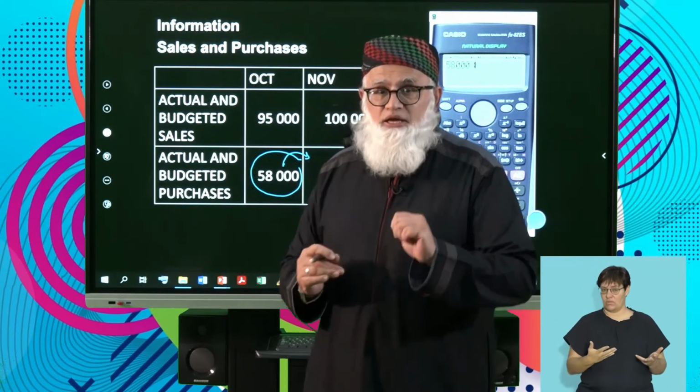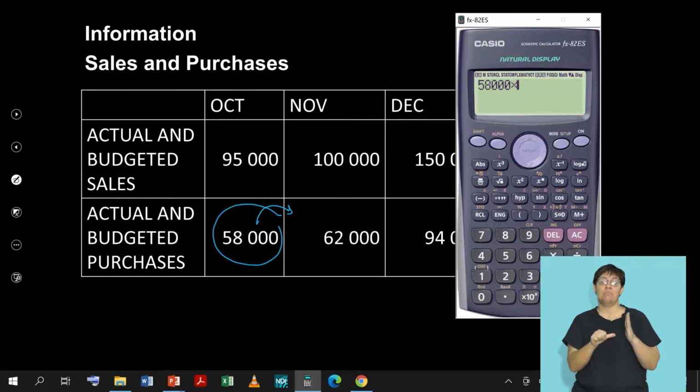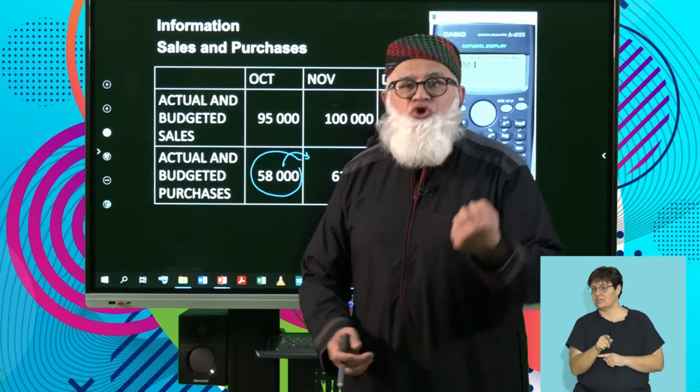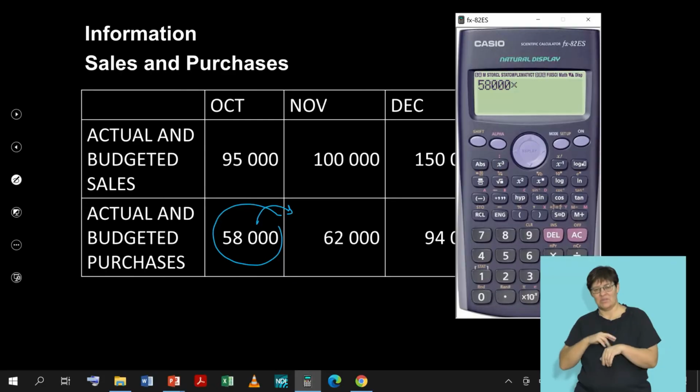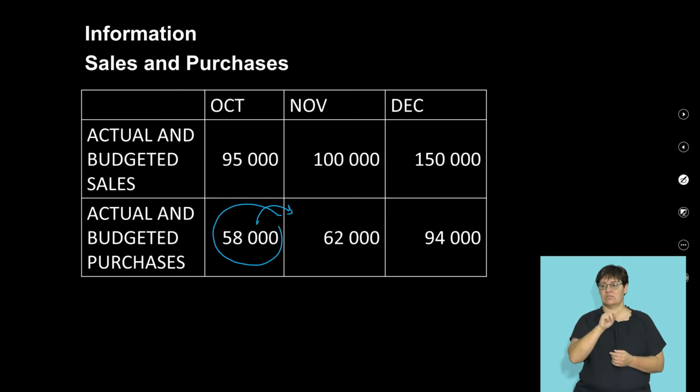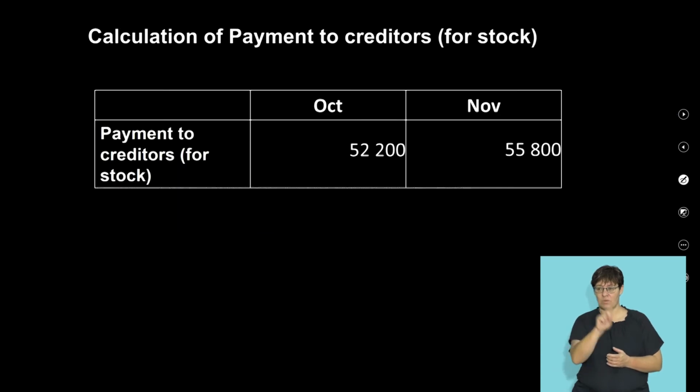So obviously, when you're doing this calculation, important, you take your 58,000 times what percentage are you going to be paying? You're only going to be paying 90%. Therefore, 58,000 times your 90% gives you a figure of 52,200. Clearly you can see here that you have a payment for October of 52,200.